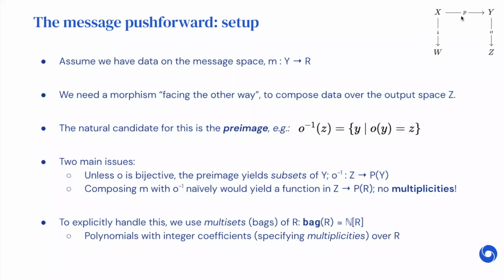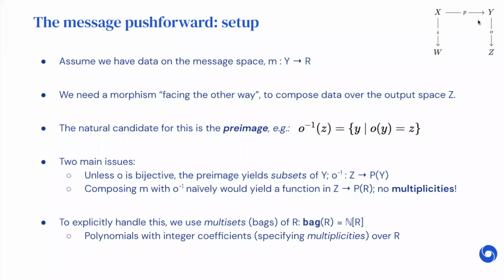And of course, as mentioned, this has some issues because unless O is a bijection, this will now give you something in the power set of Y's rather than the Y's. And if you compose it naively with your message data, it will now give you a function to the power set of your values, and it won't even capture multiplicities, which is bad, because if you have multiple messages coming in that are valued exactly the same, you might want to take that multiplicity into account.